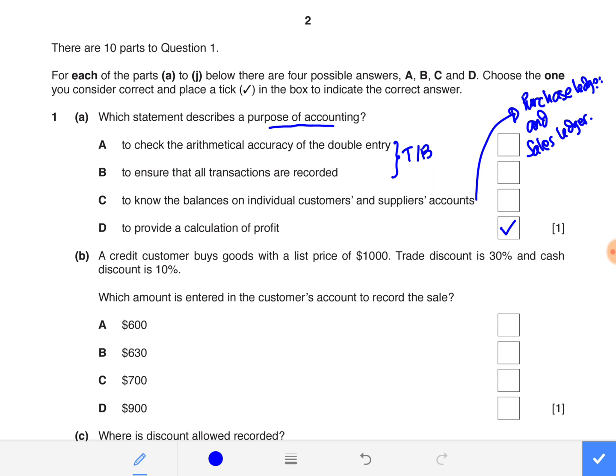Number 2. A credit customer buys goods with a list price of $1,000. Trade discount is 30% and cash discount is 10%. Now, if a question gives you the words list price, that means this is the price before trade discount.